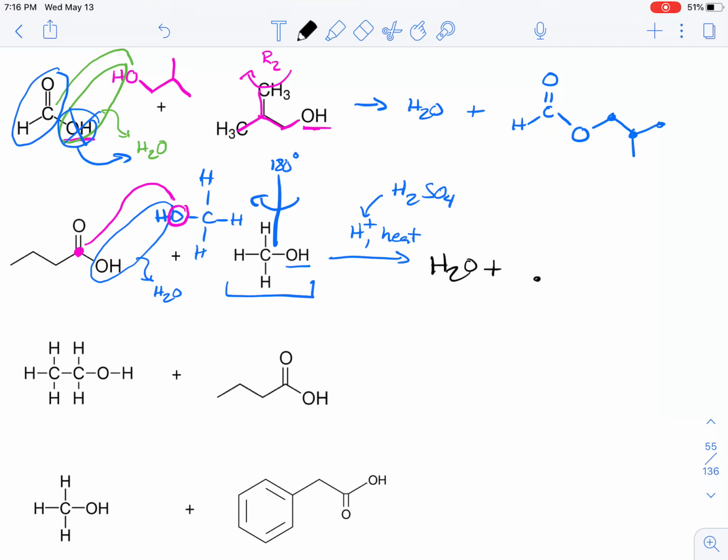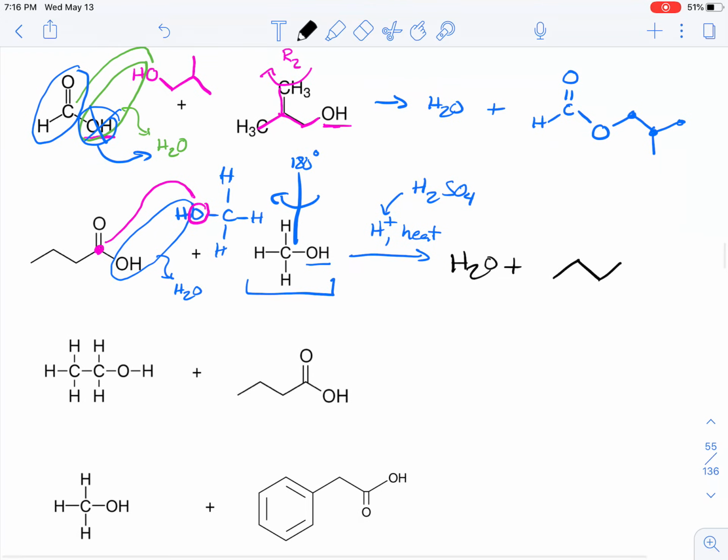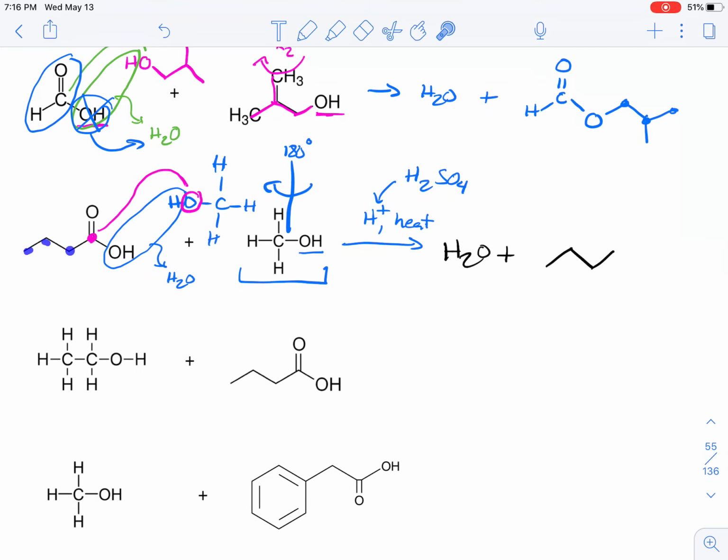So 1, 2, 3, 4, and I'll connect them. And so on the 4th carbon, I have the double bond to the oxygen. So since this is the 4th carbon, this is where the double bond to the oxygen will be. And on the 4th carbon is where I'm going to have that link to this oxygen.